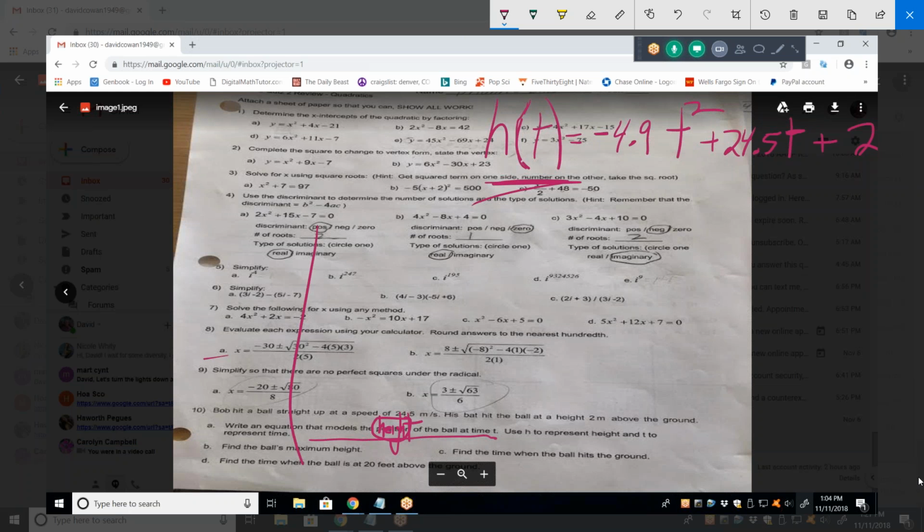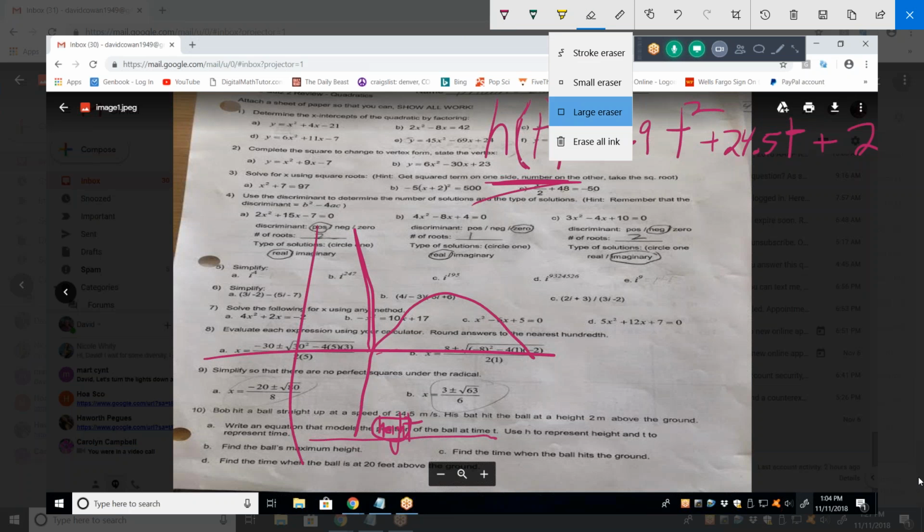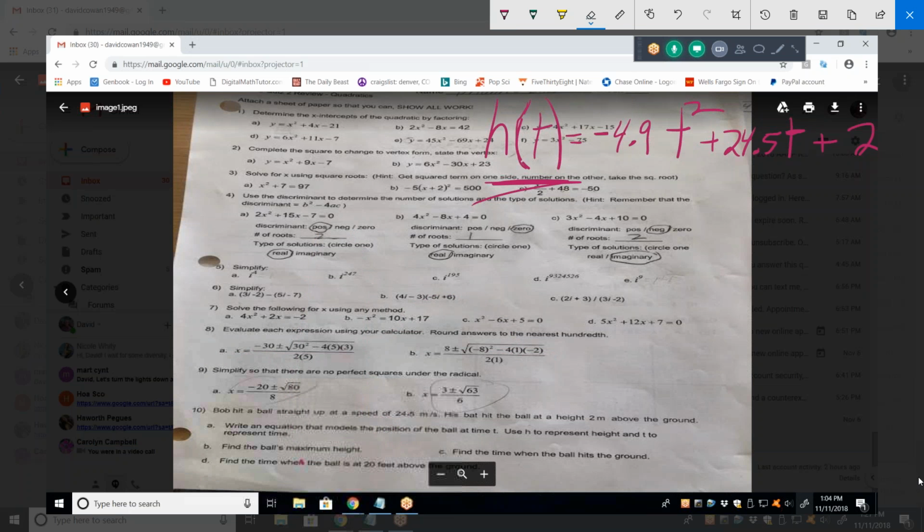In other words, it is because we're going straight up and straight down. But if we were going like this, you would not want to say, what's the position of the ball? You'd want to say, what's the coordinates of the ball? But because we're going straight up and straight down, they can get away with saying, what's the position of the ball? Okay? But this still means the height.